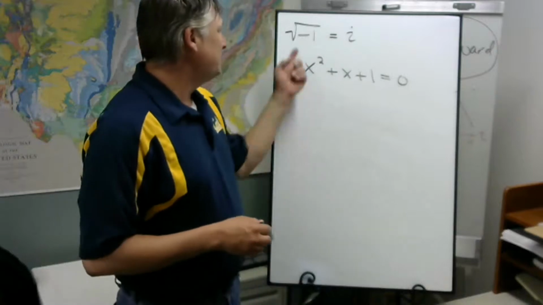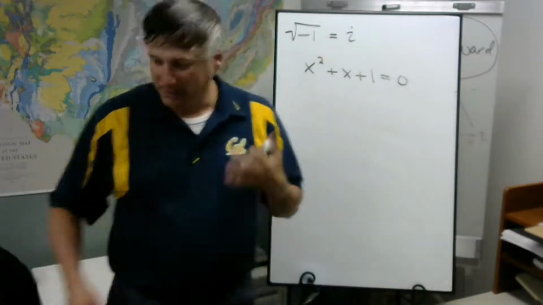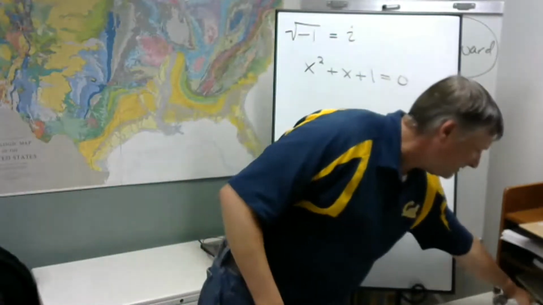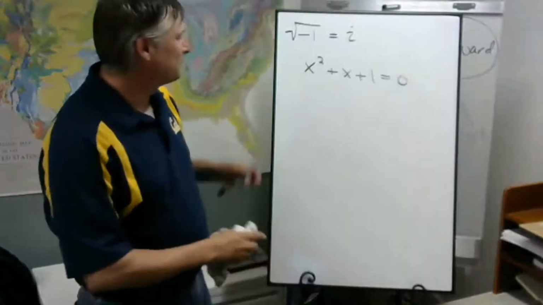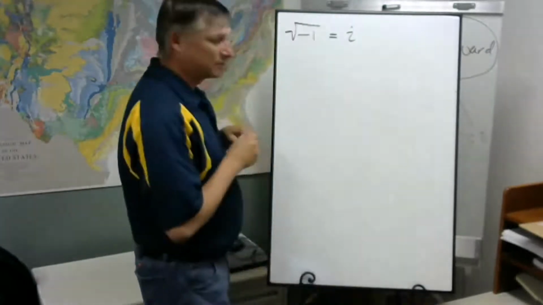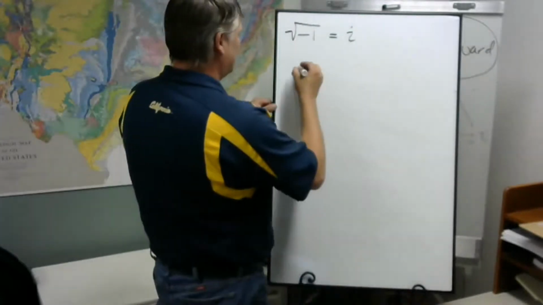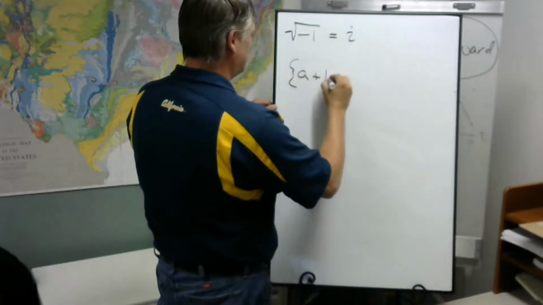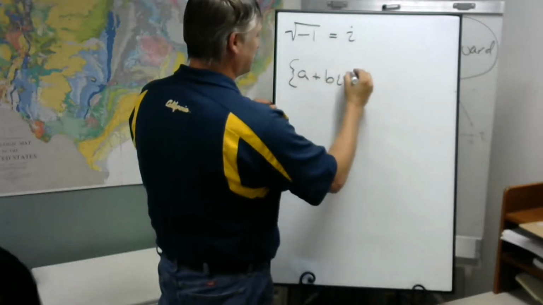So if we just accept this, if we say, okay, this is good enough, then we end up getting this sort of other form of number system that we call the complex numbers. And the complex numbers work like this. A complex number is of this form.